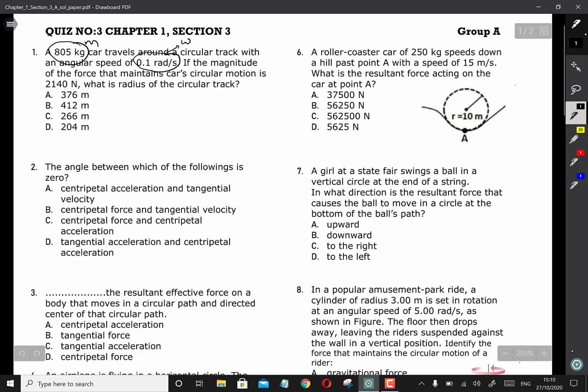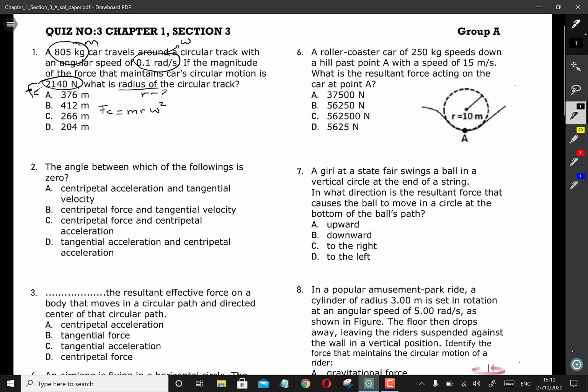If the magnitude of the force that maintains a car's circular motion is 2,140 Newton, this is centripetal force, Fc. What is the radius of the circular track? Calculate R. So, the equation for centripetal force is Fc equals m r omega squared. This equation calculates centripetal force, but we have to calculate radius.